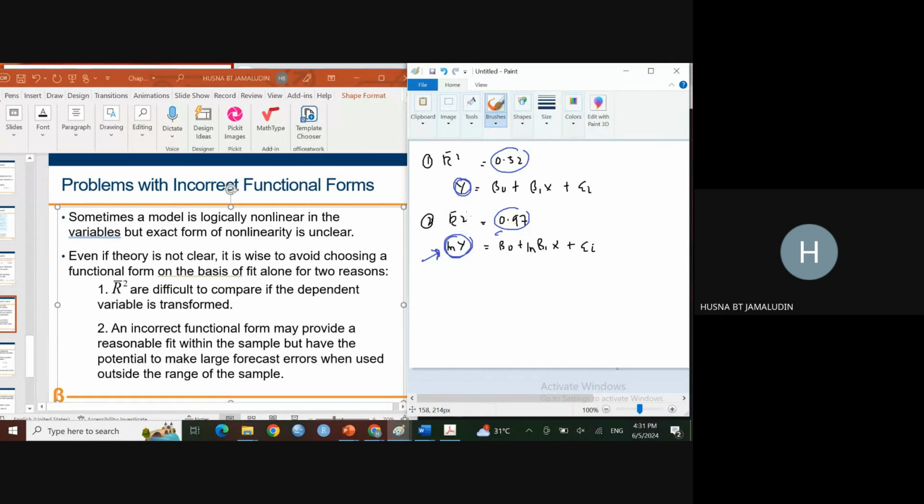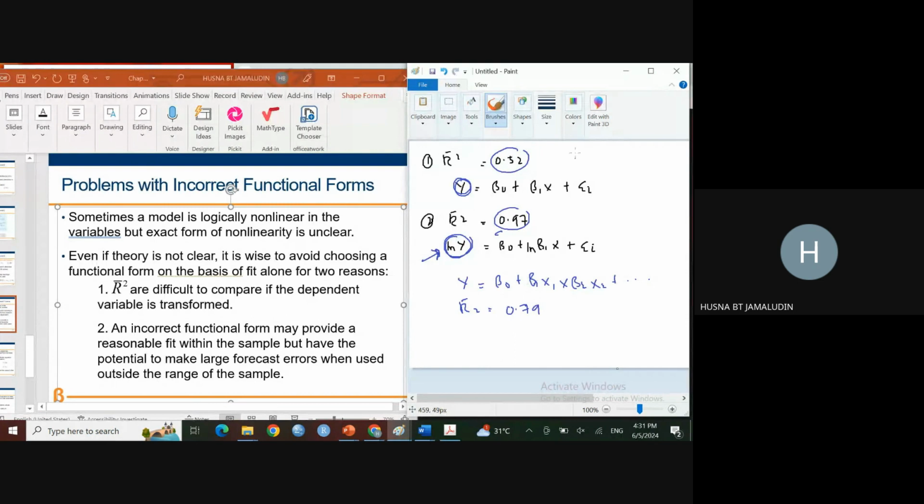Let's say here your dependent variable is still Y, and then you have beta naught plus beta 1 x1, and then beta 2 x2, and so on, and it turns out your R bar square is maybe 0.79.